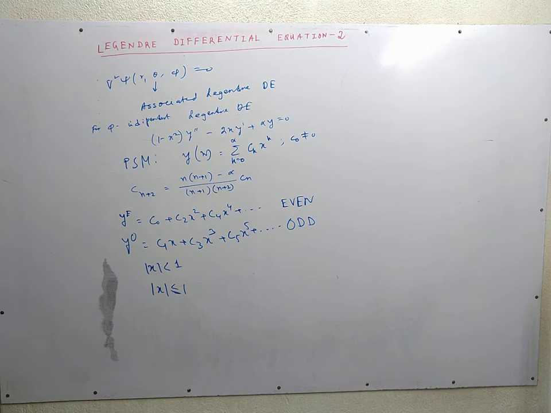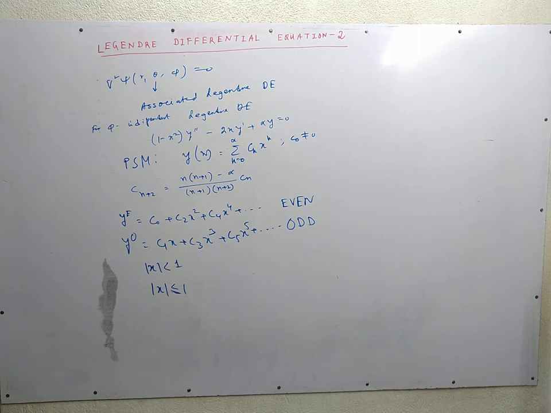Using a more powerful test, the Gauss test, which is a second order test obtained by comparison with the convergence of the Riemann zeta function, it is found that the infinite series solution diverges at x is equal to plus minus 1.